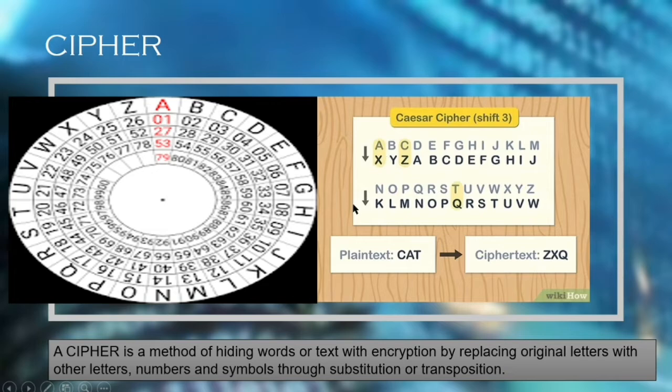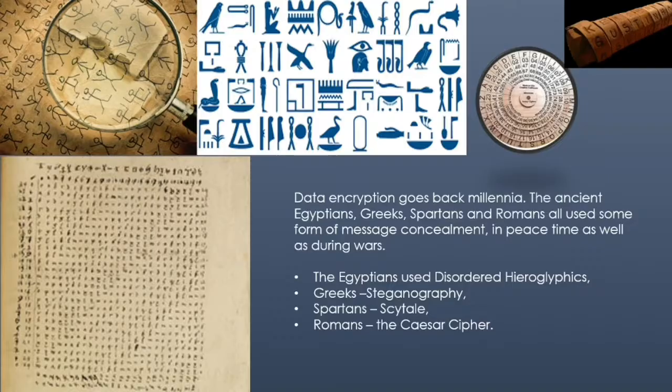A cipher also refers to the encrypted text, cryptography system, or encryption key for the original text. Encrypted text is also known as ciphertext. Plain text is the original text.